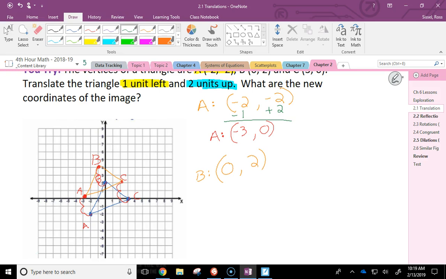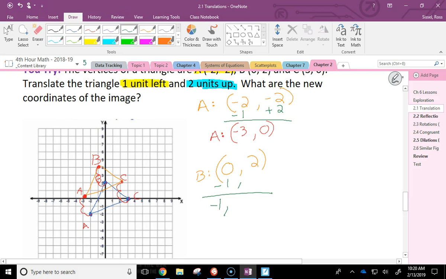Well, what do we do to the x coordinate? What does it tell us to do, moving left or right? Left 1. So if we go left, is that add or subtract? I'm going to look at my x coordinate and subtract 1 from it. 0 minus 1 is -1. But then for my y term, y is up and down.